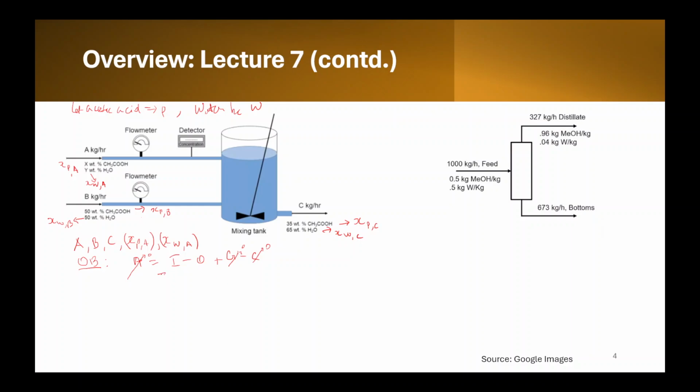So basically, input is equal to output. Input is A and B and output is C, so we can write A plus B gives C.